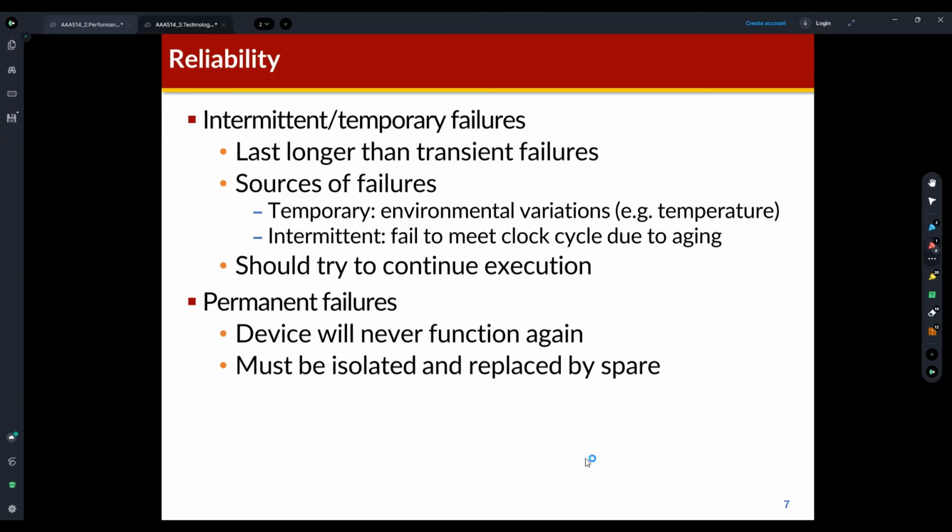What does that mean? Some defects can be included during manufacturing. So this is a manufacturing defect, but reliability does not handle this manufacturing defect. But our CMOS circuits can be worn out.